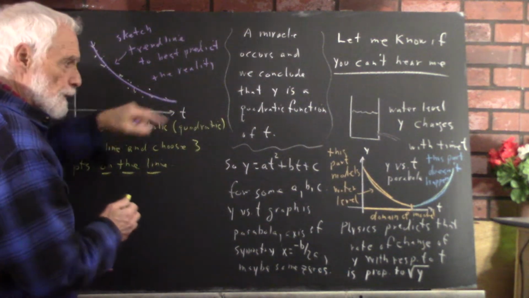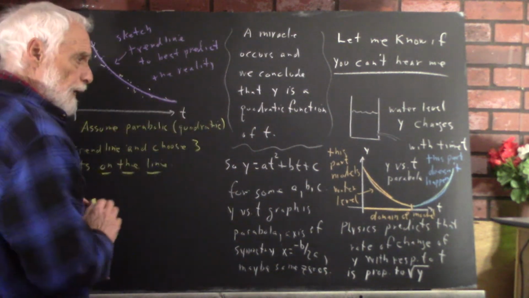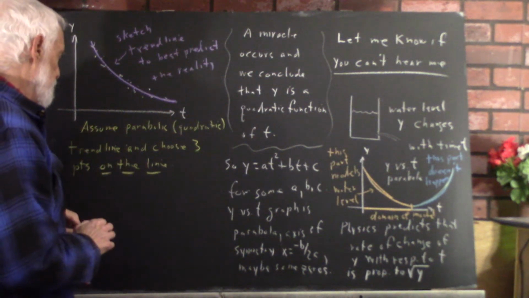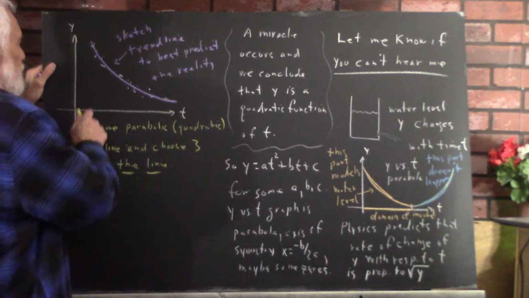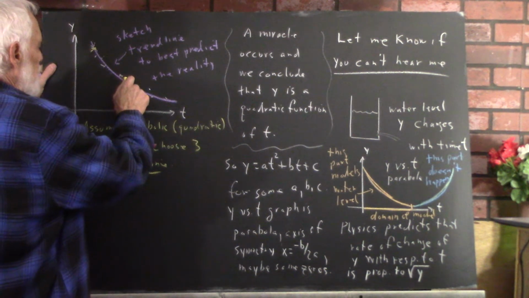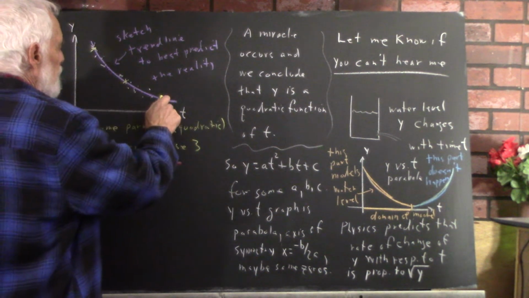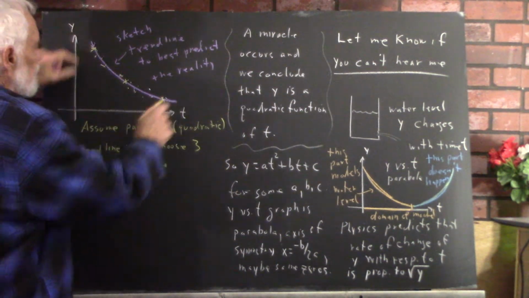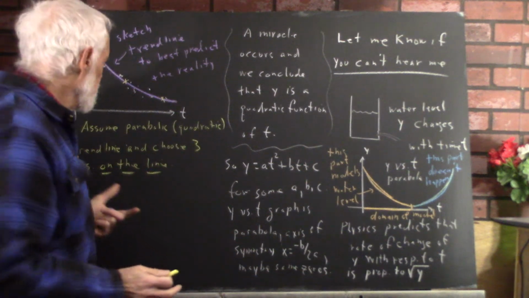The reality is the trend line. The data points are just observations of reality. We don't choose data points. We choose 3 points on the line. So I'm going to choose this one, and I'm going to choose this one, and I'm going to choose this one. And we don't want the points to be too close together because we're going to have to estimate their coordinates.